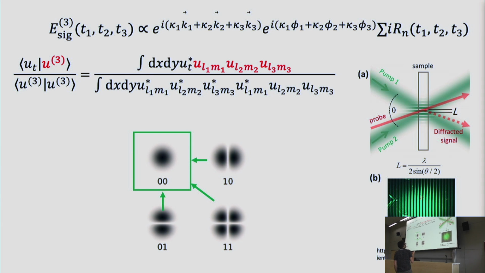You can think of it this way: you have 2 pump pulses, and in this simple case they can create a transient grating. And then the first pulse diffracts from this grating into different electric modes of the cavity. And you can calculate precisely how well the signal couples with different modes of your cavity.